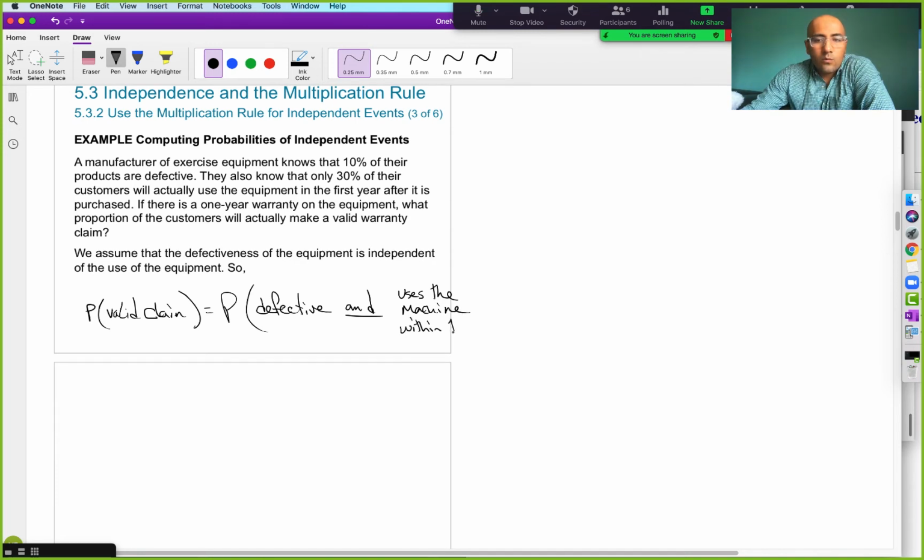Within 1 year, right? Those two things have to happen. And as we said, those two things are independent. Defective times the probability the person uses the machine within 1 year.